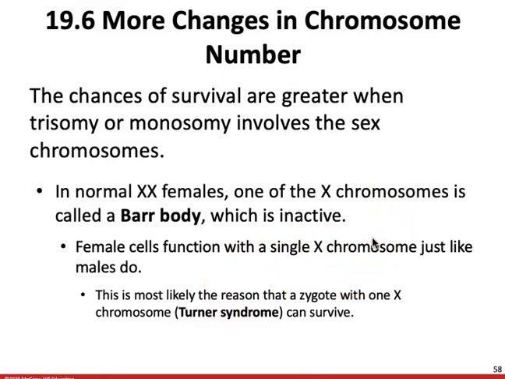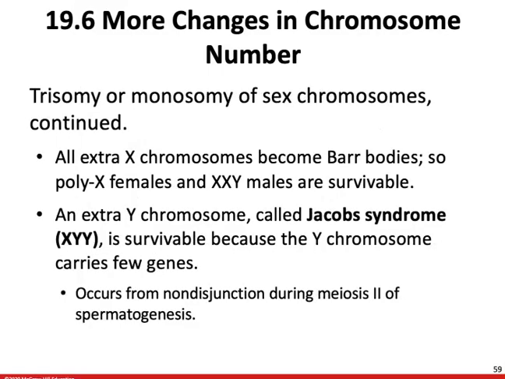Males are going to function with one X chromosome and one Y chromosome. This is the most likely reason that a zygote that has only one X chromosome can survive. So if you do end up with a monosomy of the X chromosome, you'll result in a female with only one X chromosome, and they are very likely to survive. There are going to be some consequences, but they will survive into adulthood.